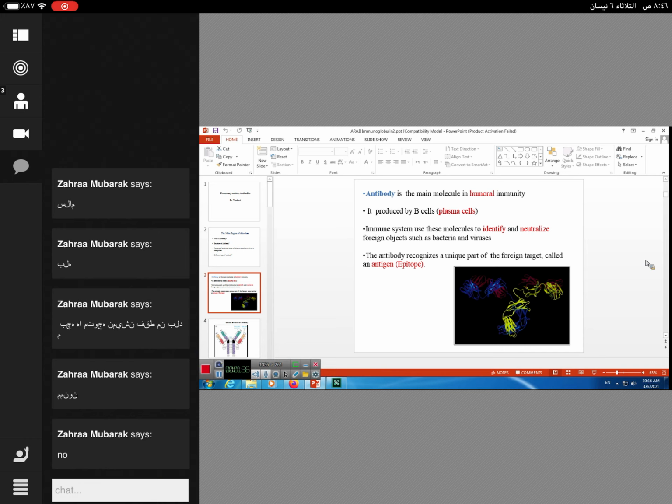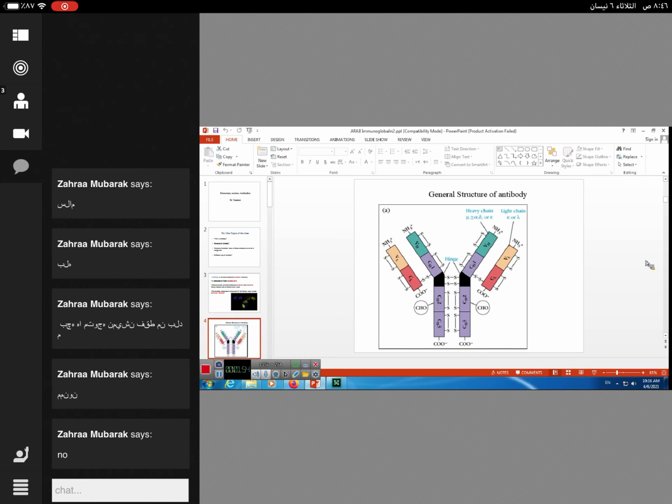The antibody recognizes a unique part of the foreign target called an epitope. So, the epitope is the specific part of the antigen that antibody binds to.